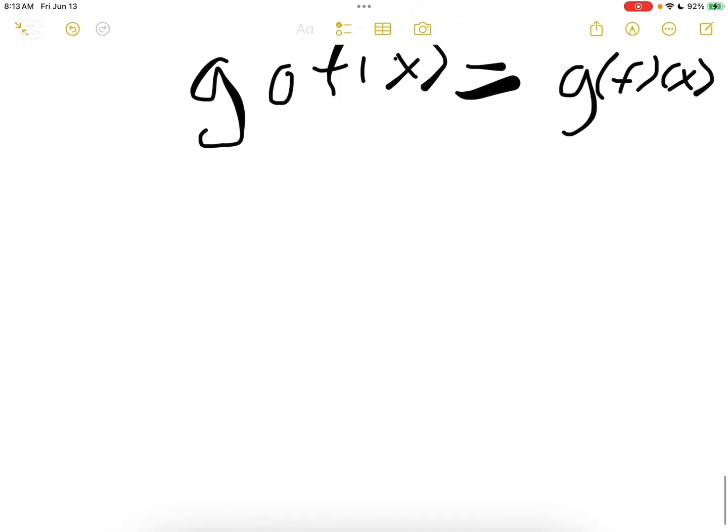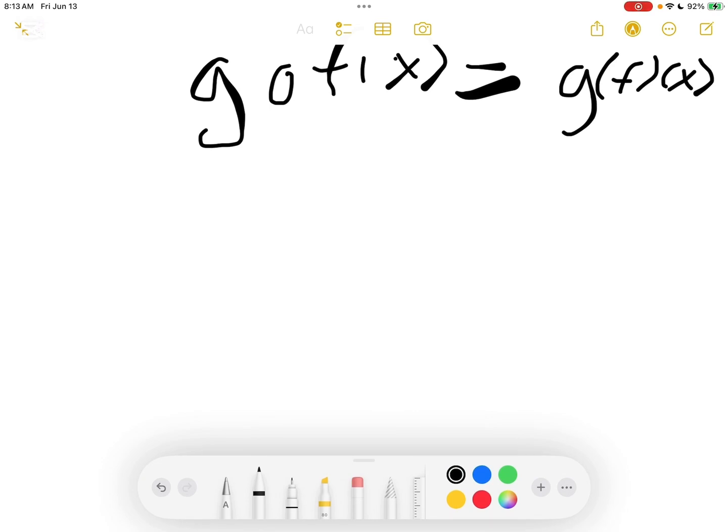Now, instead of starting with our g function, we'll start with our f function. So, we know that our f function is square root of x plus 3. So we'll do g of square root x plus 3.